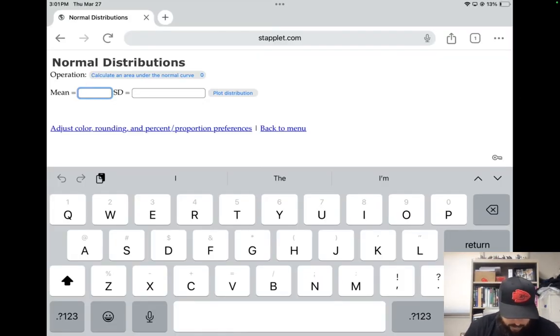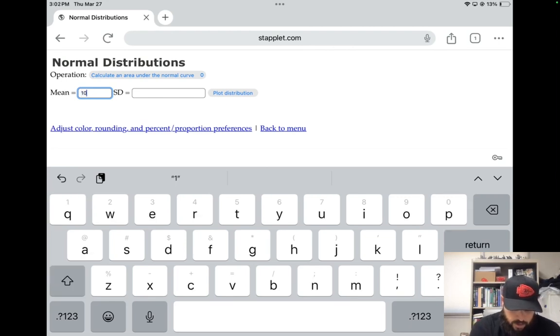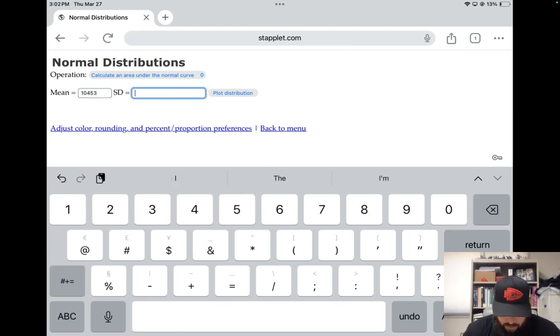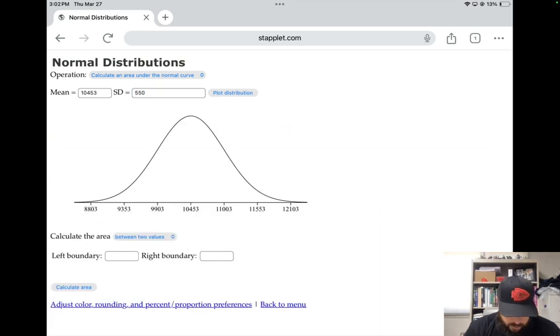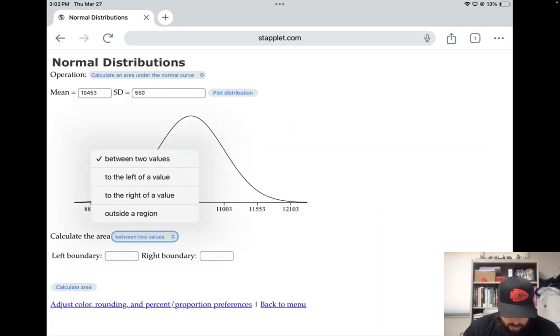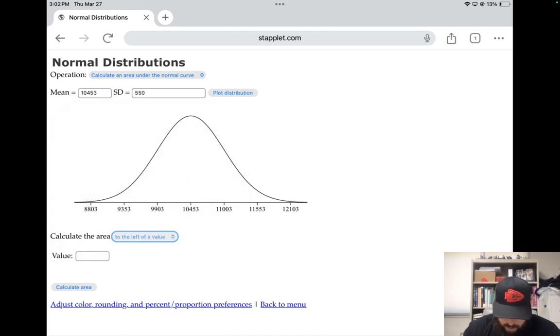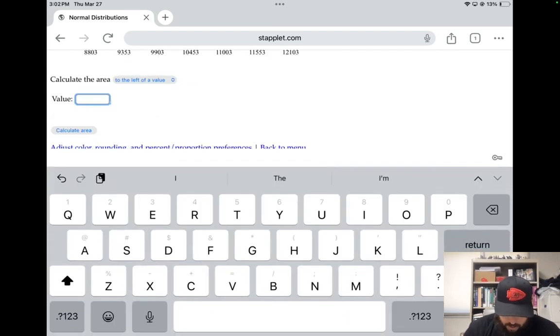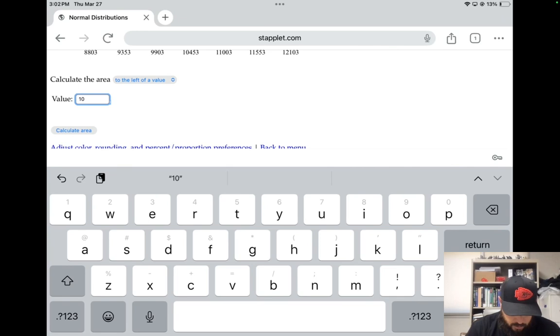And again, we can take this information over to Stapplet now. All right, so we had a mean of 10,453. Our standard deviation of the sample means is 550. So go ahead and plot that distribution. And we don't want between two values this time. We want to the left of a value, and our value was 10,750.